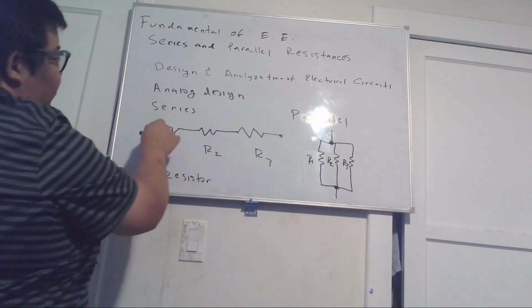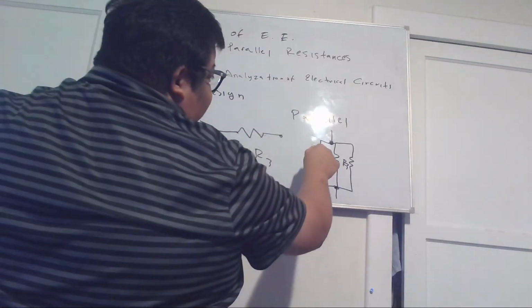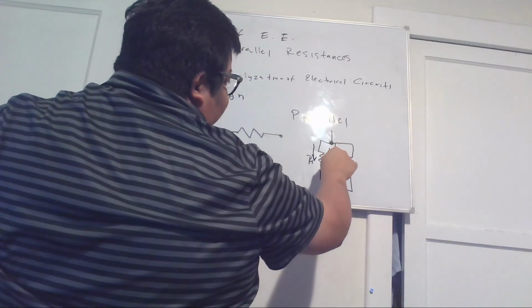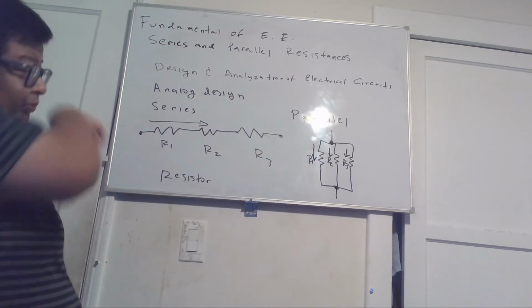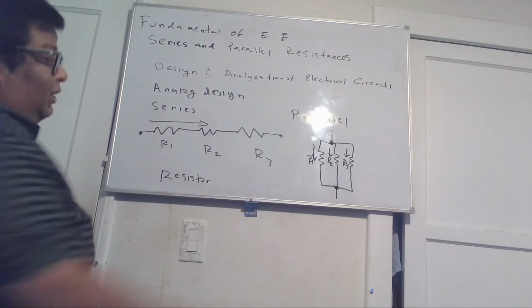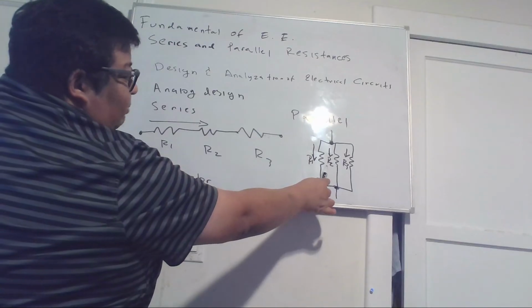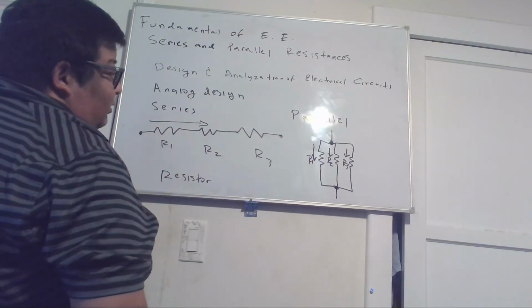Here current flows in one direction. Here current gets divided into three paths. And how much current will depend on the resistance, the resistor value, resistance value.